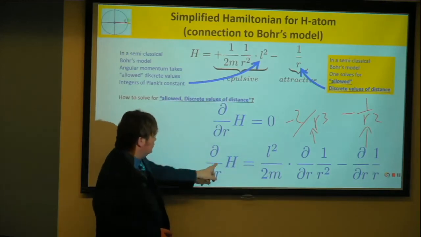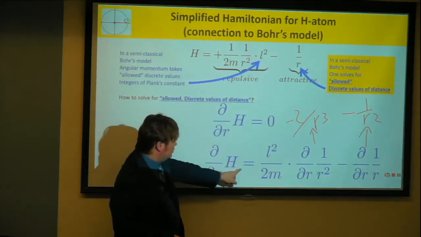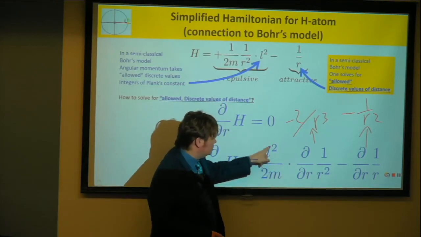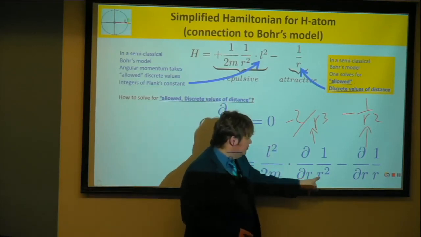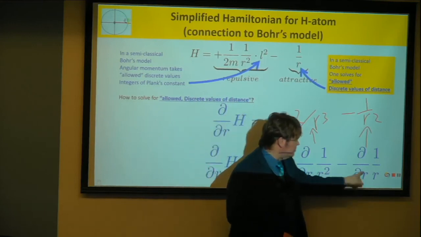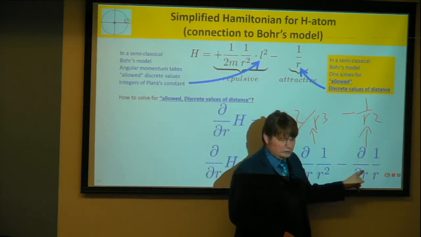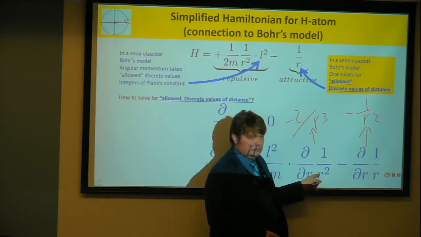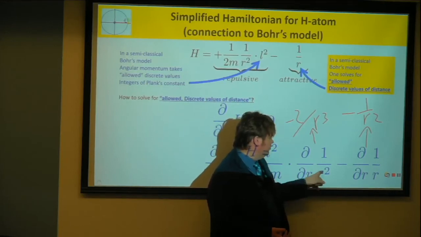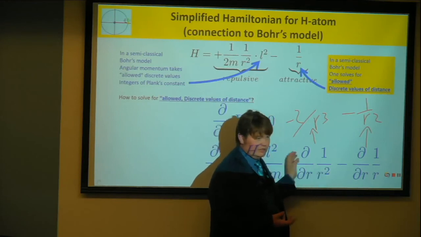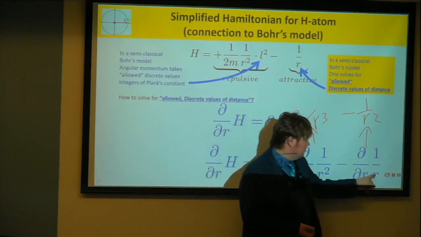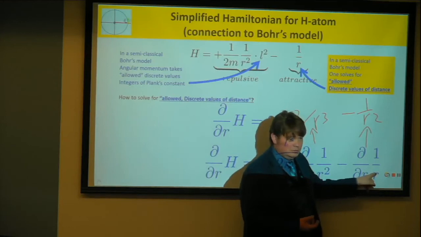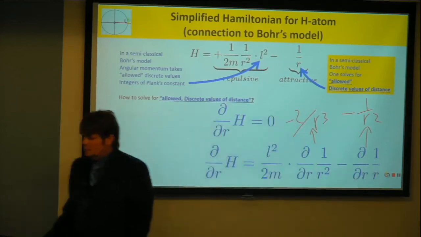So we carefully apply this derivative, where this part is constant. Here it is the first derivative of 1 over r squared, and here the first derivative of 1 over r. So what happens with the derivative of 1 over r squared? The power drops when taking the derivative. So instead of -2, it becomes -3, this factor. What happens to the power -1 here? It becomes -2. Yes, it is good.